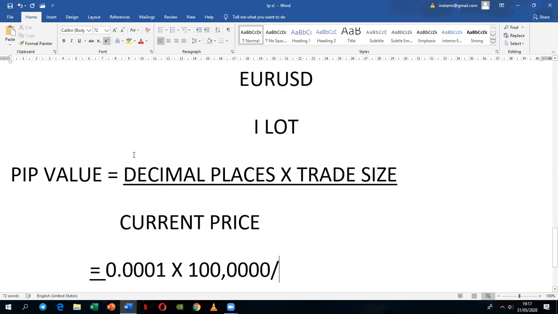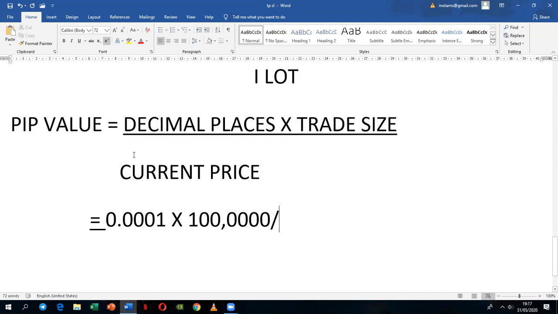At what market price did it close? 1.11.